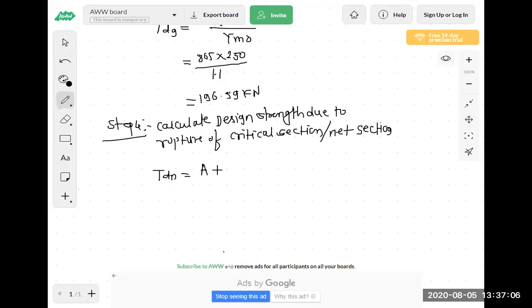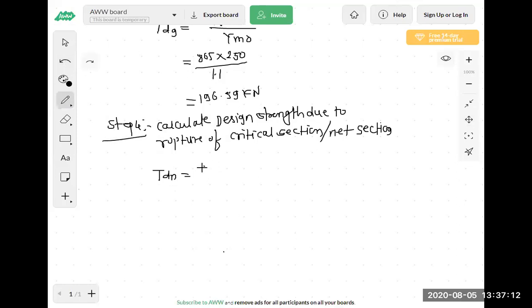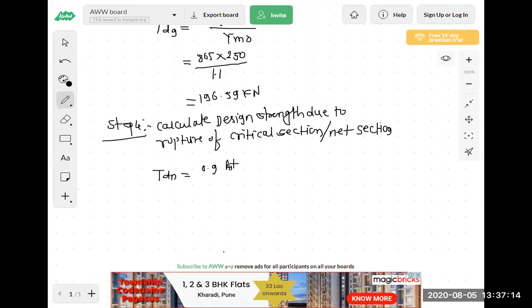So the formula is 0.9 ANC Fu divided by gamma M1 plus beta AGO into Fy divided by gamma M0. So this is the formula of beta.